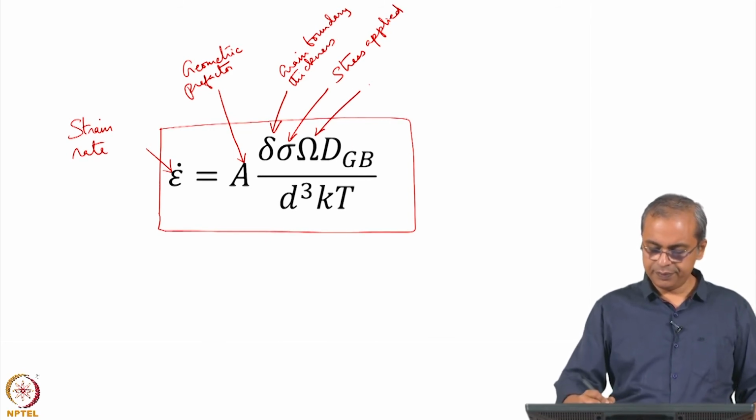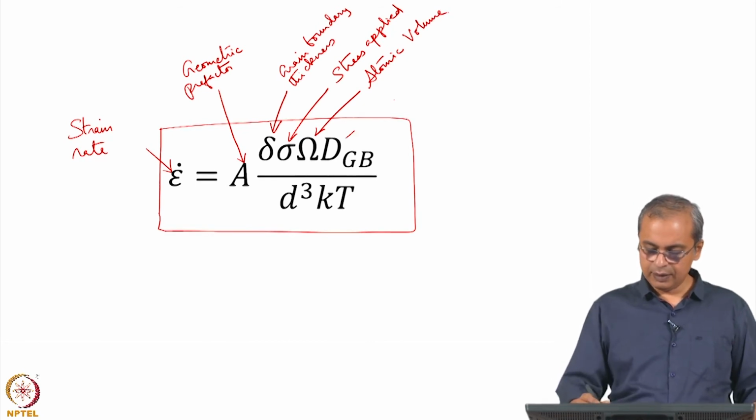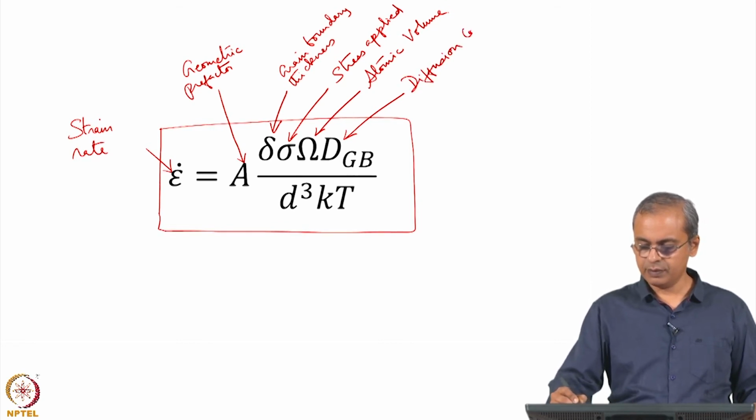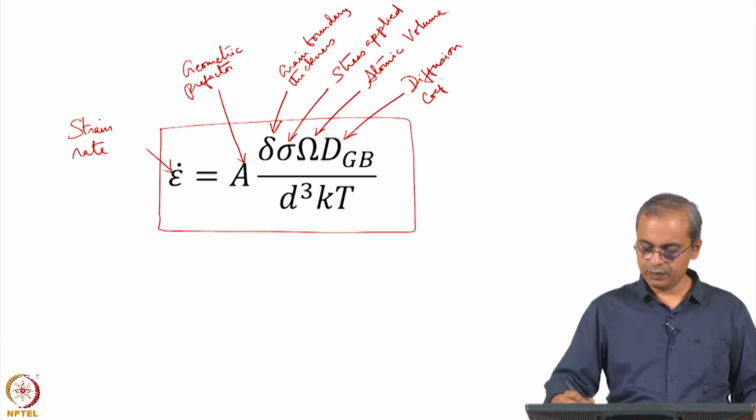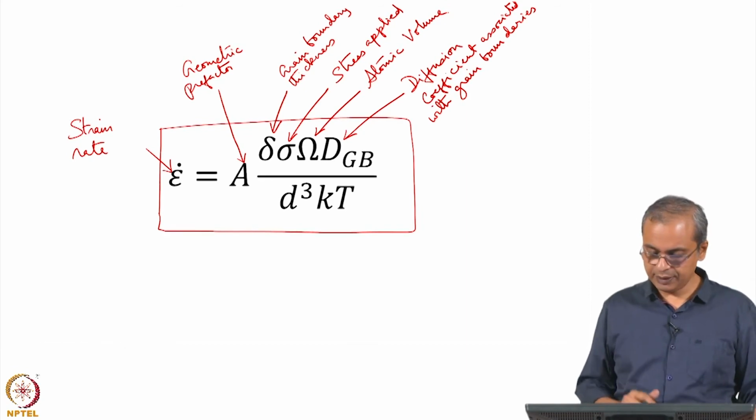This is the atomic volume, capital omega is the atomic volume. This is the diffusion coefficient, the diffusion coefficient associated with the grain boundaries, this D there.